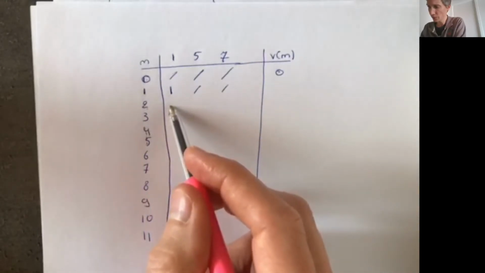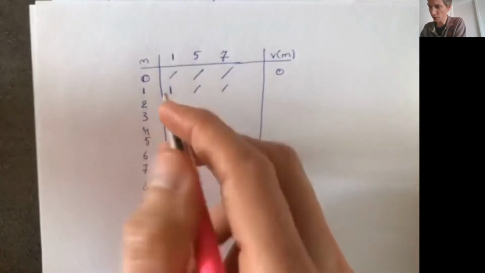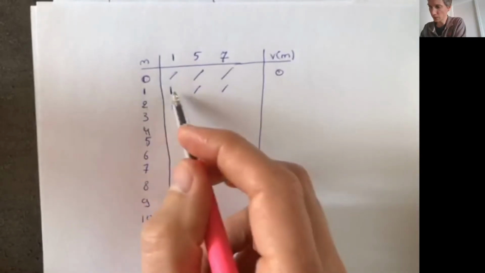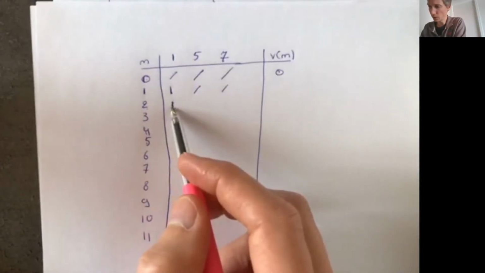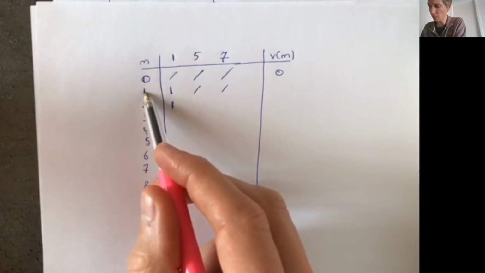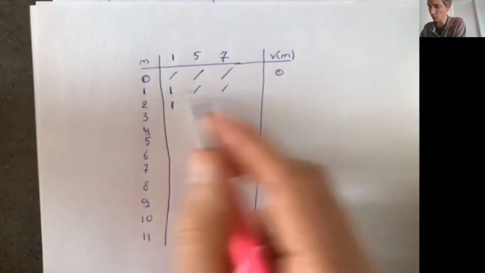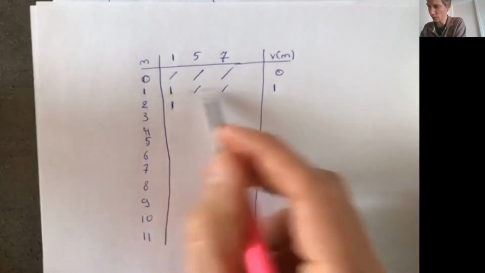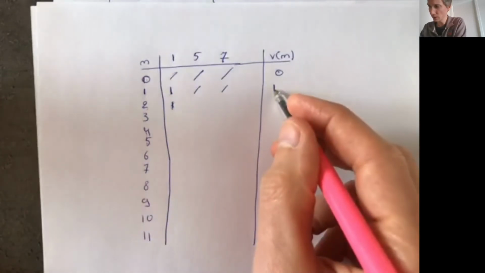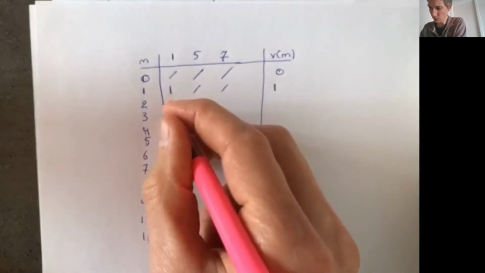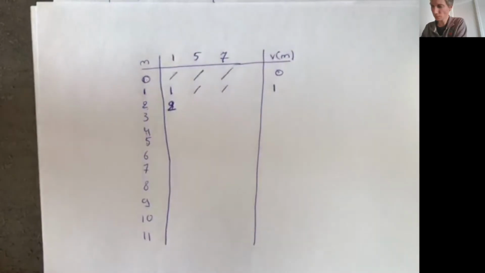Here for 2, if I use the 1 coin, I still have to repay 1, and I have already used 1 coin here, so it's 1 plus 1, which is going to be equal to 2.